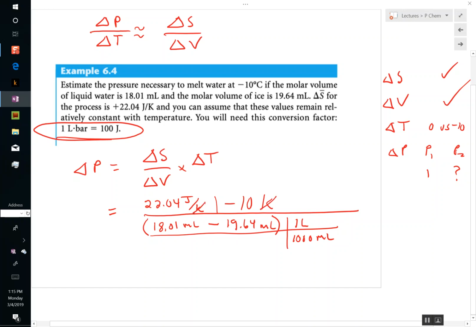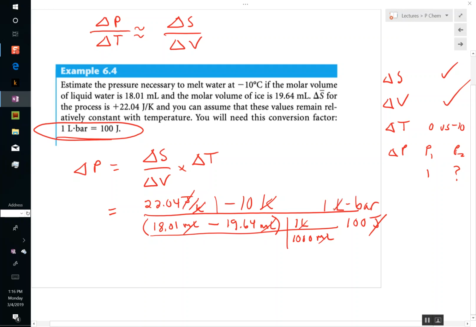So K is crossing out, milliliters are going to cross out, joules will cross out and we will get to what?